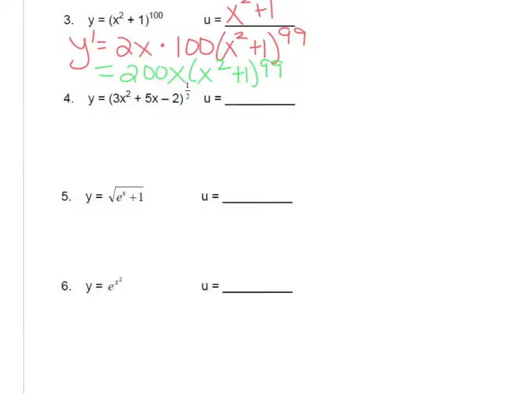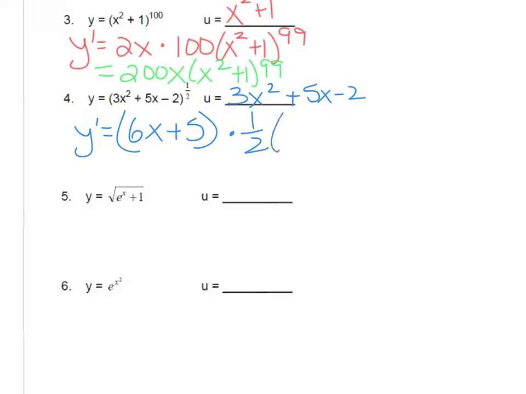For number 4, the inside equation is 3x squared plus 5x minus 2. So I'll take the derivative of that, which is 6x plus 5, times, and the power rule, the 1/2, and when you subtract 1 from 1/2, you get an exponent of negative 1/2.